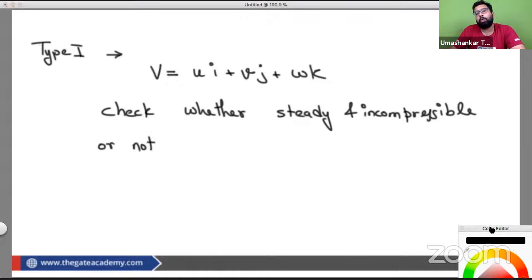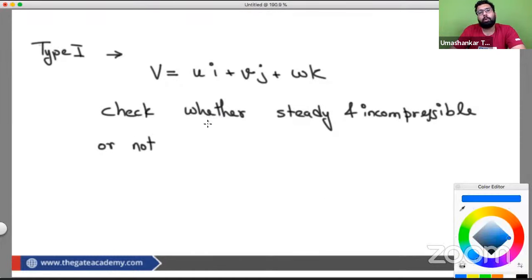So how are you going to do it? Let's suppose we have xy i, xz... x square y square z square j, yz, xz k. I'm just randomly making one equation.